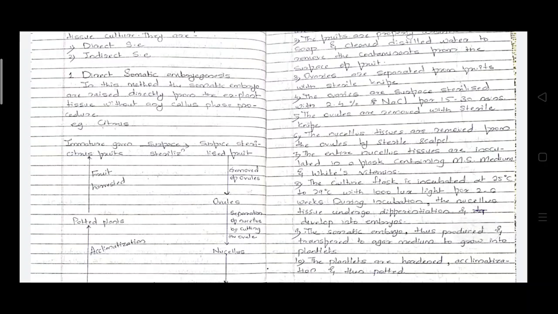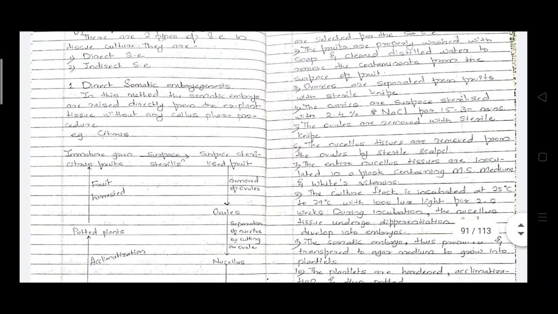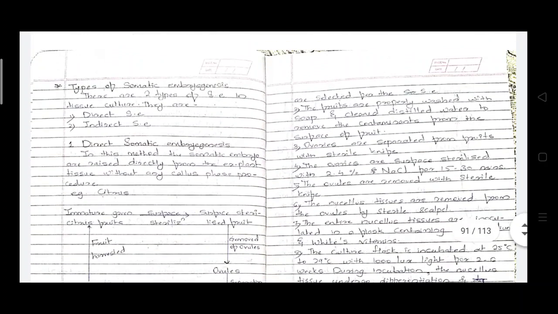Then these plantlets are hardened, acclimatized, and potted. So this is the process of direct somatic embryogenesis. First of all, you have to select the immature green citrus fruits. Then these fruits are washed with distilled water or soap.